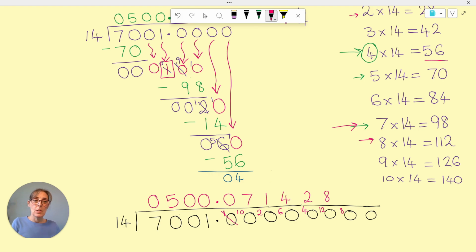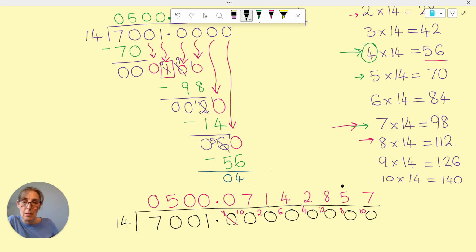How many 14s fit into 80? 5. Remainder 10. And then it looks like we're going to repeat a pattern because it goes back to 100, which is 7. So this shows a pattern that reoccurs.